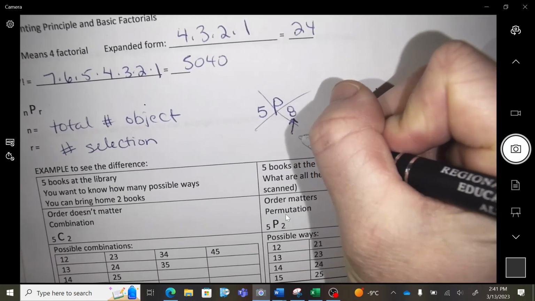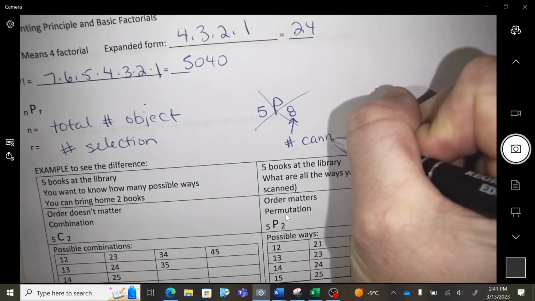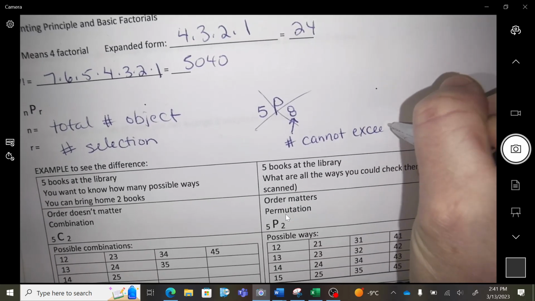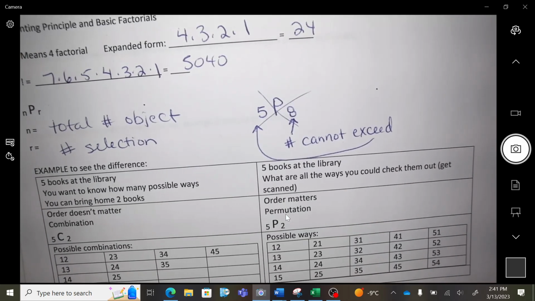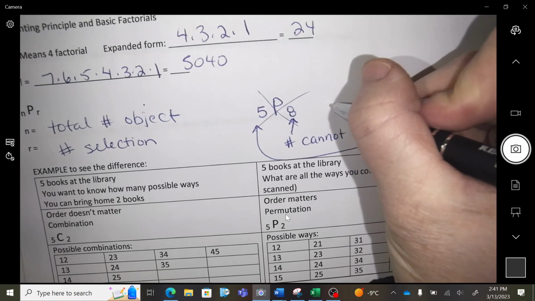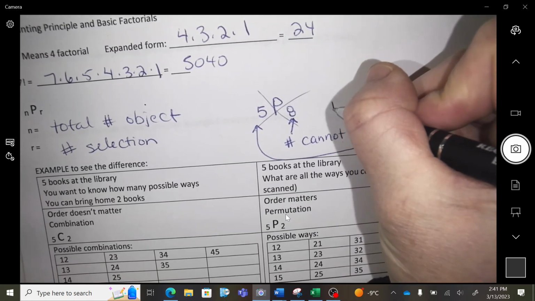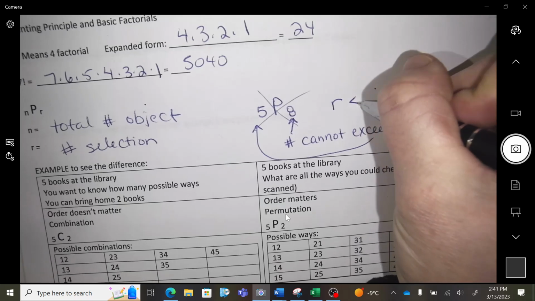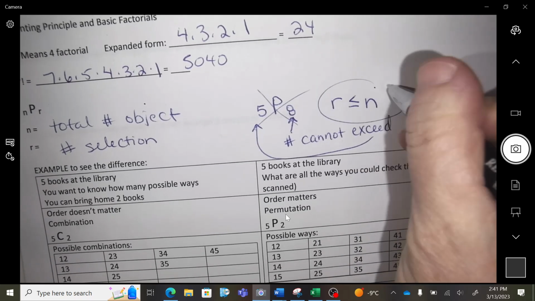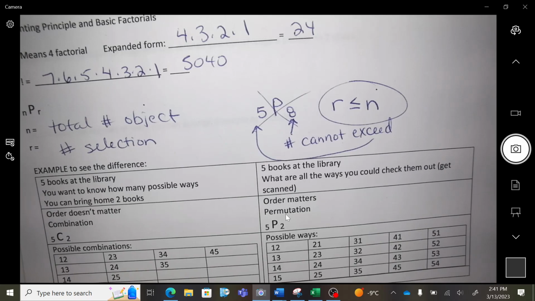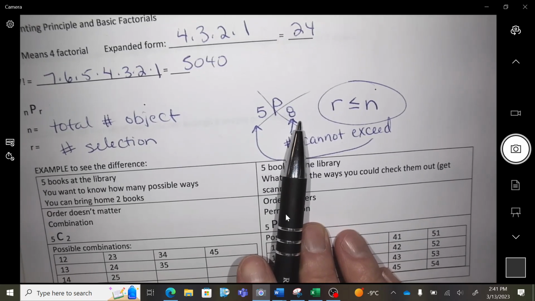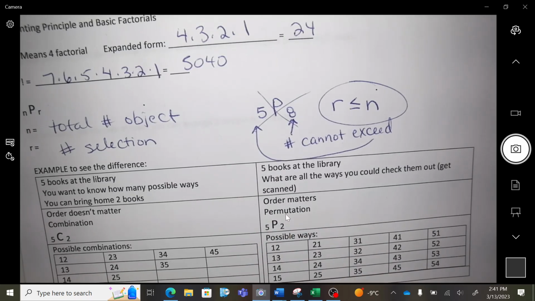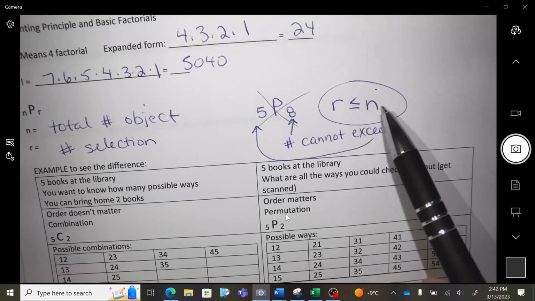So this number cannot exceed that number, right? In other words, r has to be less than or equal to n. If you like your math terms, but just that understanding, you can't ever have more. You can't pick more than you have, right? Isn't there a saying, don't bite off more than you can chew?